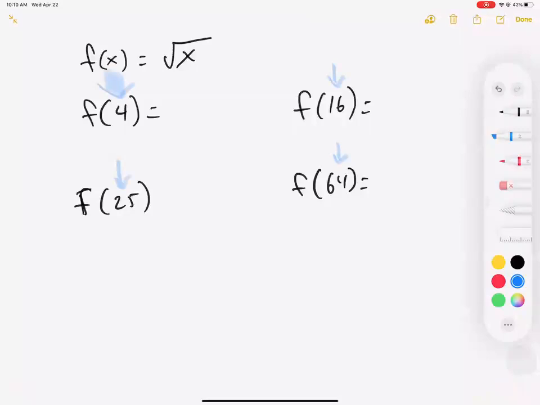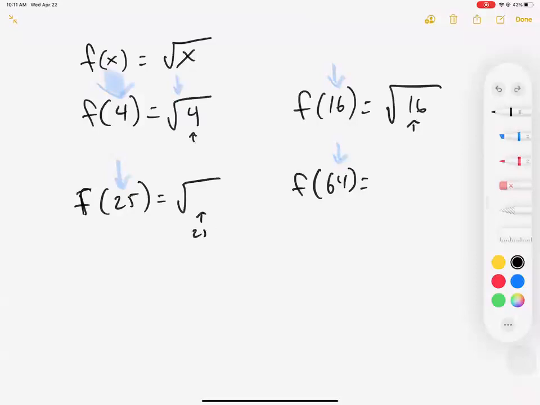So when we're doing this, we're just going to rewrite the problem. f is another way of saying the square root of x, where x now became 4, 16, 25. When we write in this function notation, x is almost like a placeholder, and we can later plug in different values. That's going to be 64 because x is the value we're plugging in.